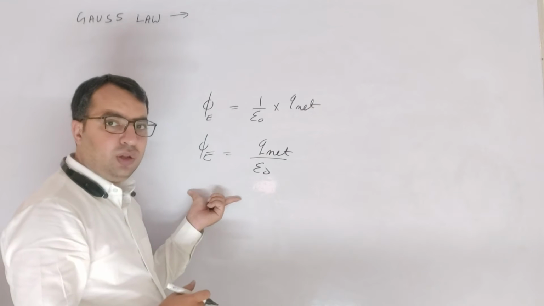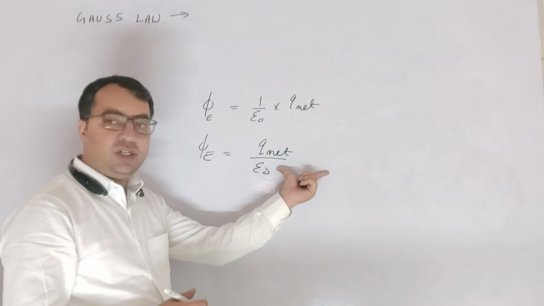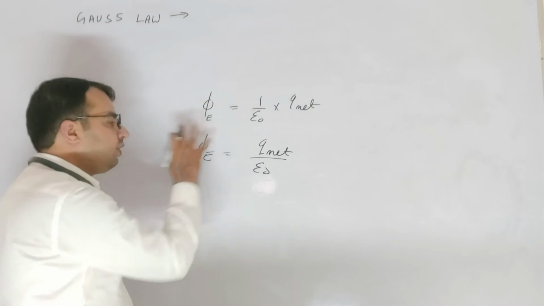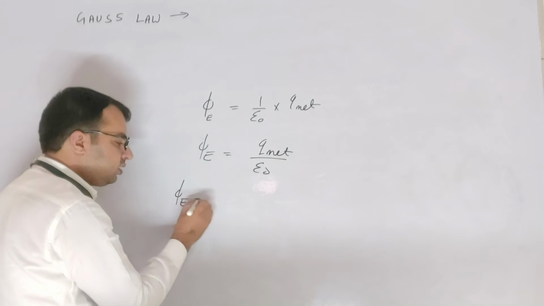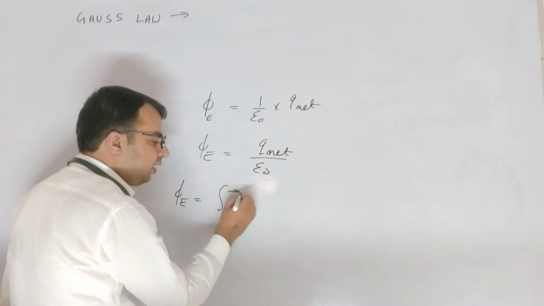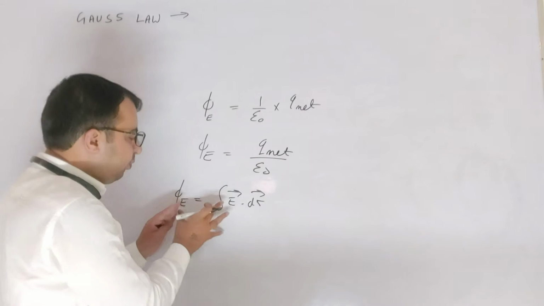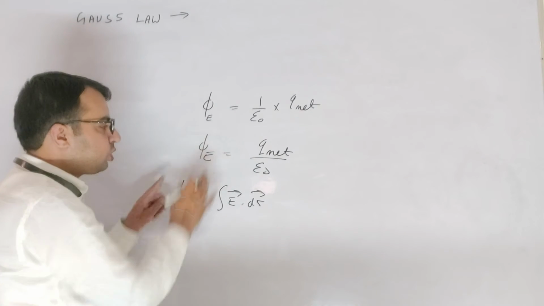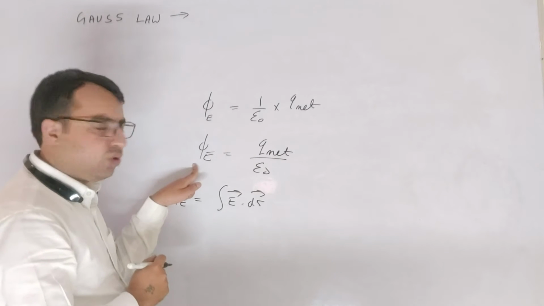That is, the flux linked with a closed surface is equal to 1 upon epsilon naught times the net charge enclosed by that closed surface. From the definition of flux, we also know that flux is the integral of E vector dot surface area vector. If I put the formula of the flux in the above Gauss law formula, there comes the second definition of the Gauss law.